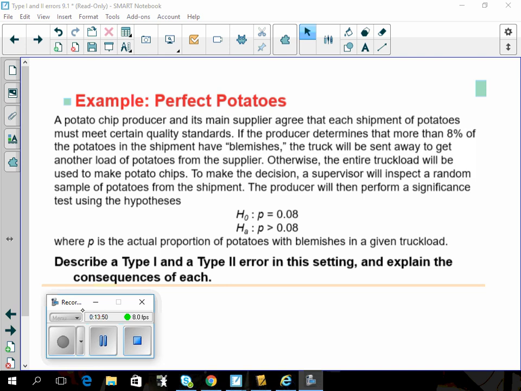The producer will then perform a significance test using the hypotheses. Now, let's look at those two hypotheses, the H0 and the Ha, and let's see if they make sense. Look at the null hypothesis, okay? P, first of all, why am I using P? That's not the p-value.